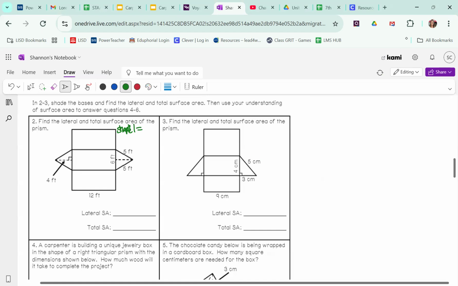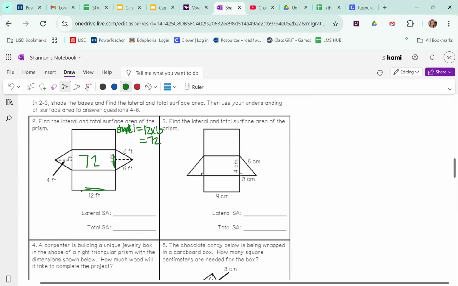Okay, because, oh wait, sorry, I'm on the wrong one. Not 5 times 2. For shape 1, we have 12 times 6. Okay, so we have 12 times 6, which gives me 72. All right, so that means this piece right here is 72.